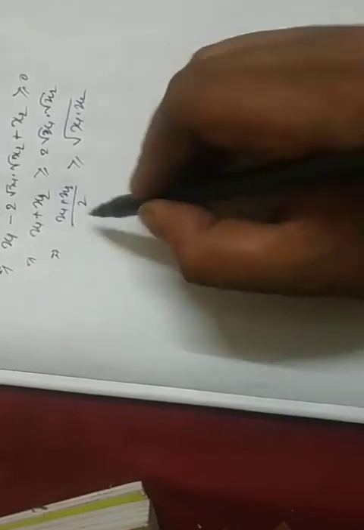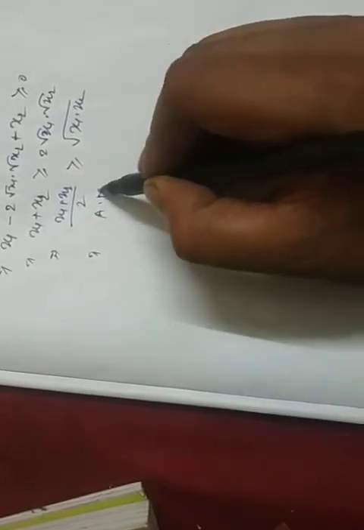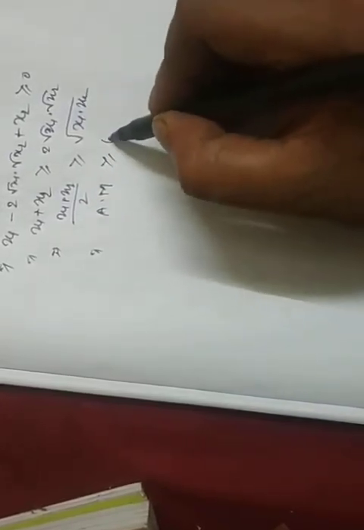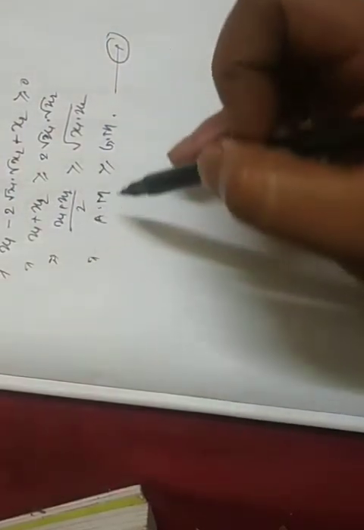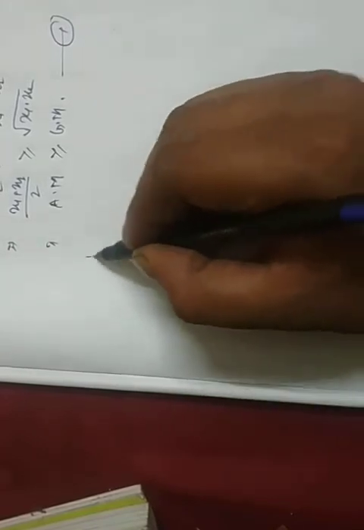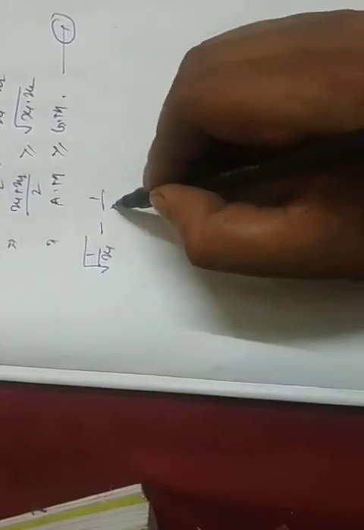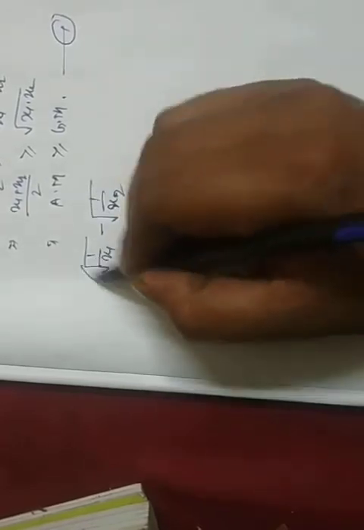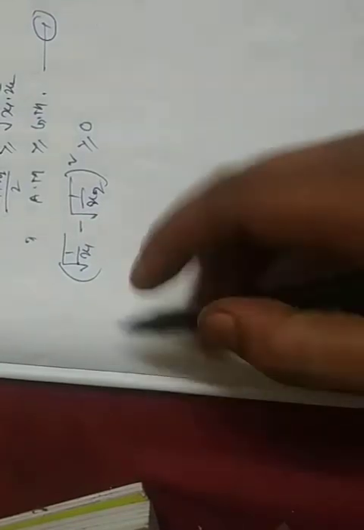Now this is the arithmetic mean, greater than or equal to the geometric mean, GM. This is the first part. Now to find the relation of GM and HM, we take the next relation: root under 1 by x1 minus root under 1 by x2, whole square, which will also be greater than or equal to 0.